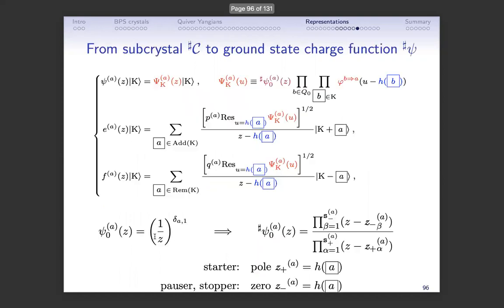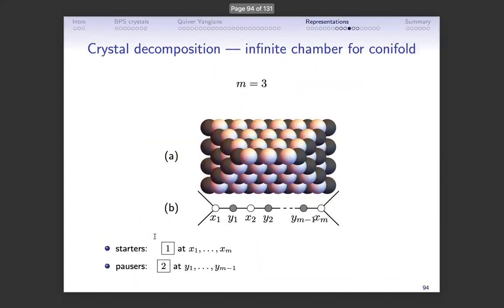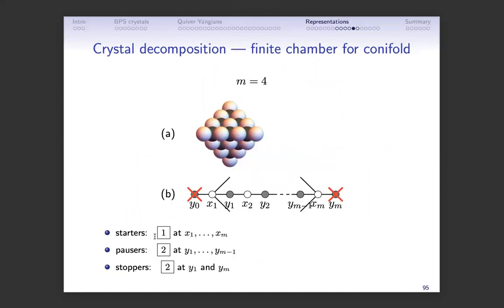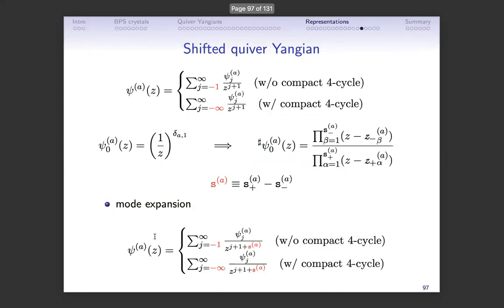In the terminology, one has shift -1, the other -3. But that's basically it: when you cross the wall, at the algebra level you only change this mode expansion, and you change the representation. I see. Thank you.